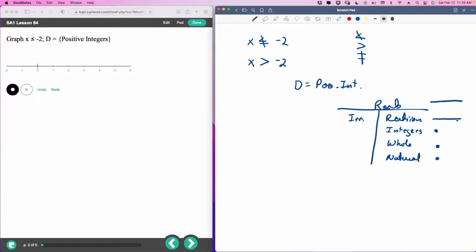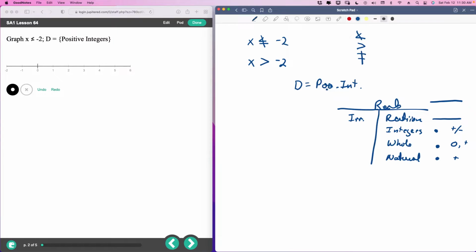This includes a little less than everything because it doesn't include the irrational stuff. Integers just includes integers. Now this is positive and negative. This is 0 and positive. This is just positive. Okay? So that's how it kind of breaks down.